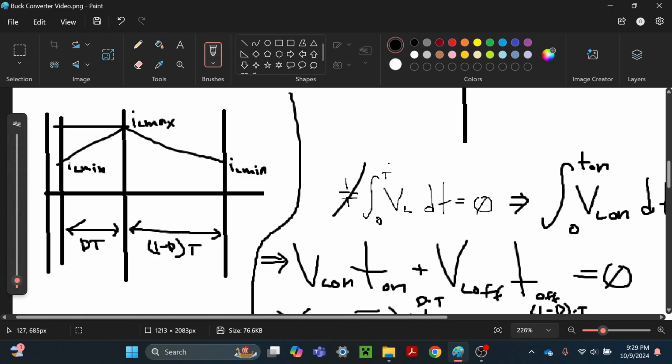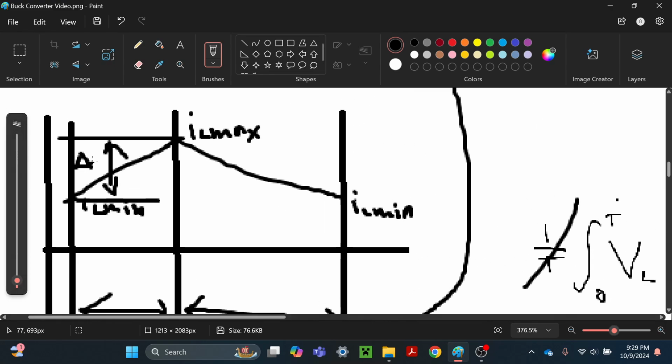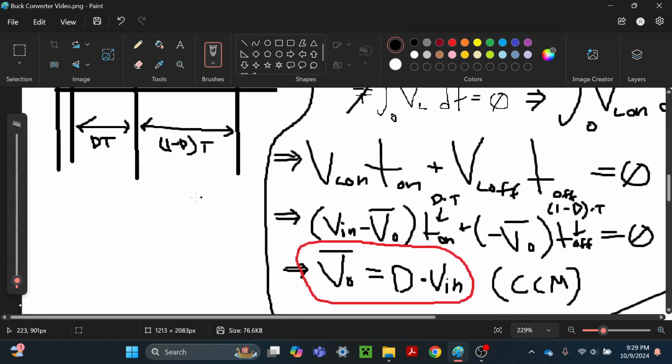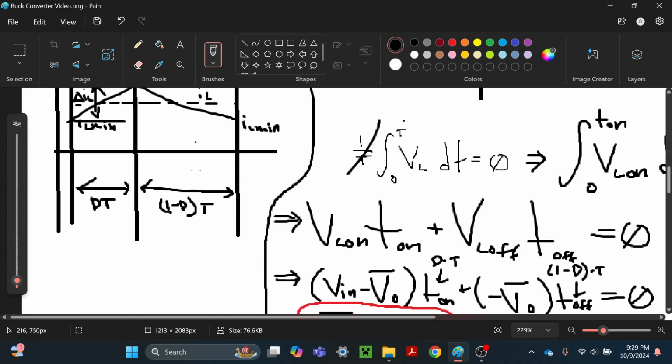So this from here to here is going to be delta IL, and then this is IL average.